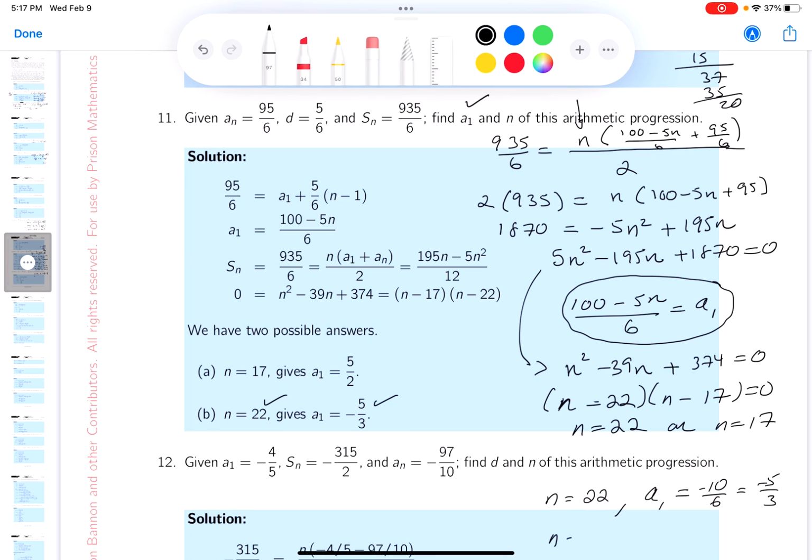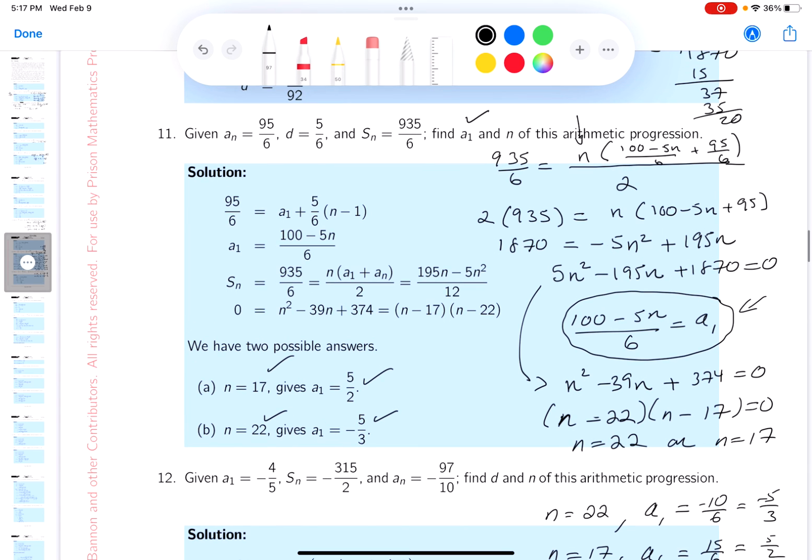Let's put down n is 17. What's a_1 going to be equal to? Well, again, I'm still using the formula. So what's 17 times 5? 50 and 35, 85. 100 minus 85 is 15, so it's 15 over 6. I'll divide through by 3, and that would be 5 over 2. So if n is 17, you get 5 over 2. All right? So what was the question again? n and a_1. We found 2 separate answers for the problem.